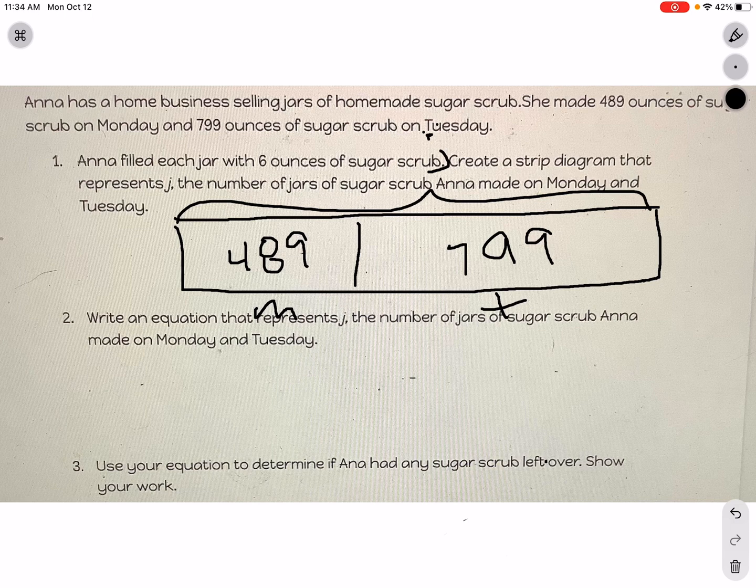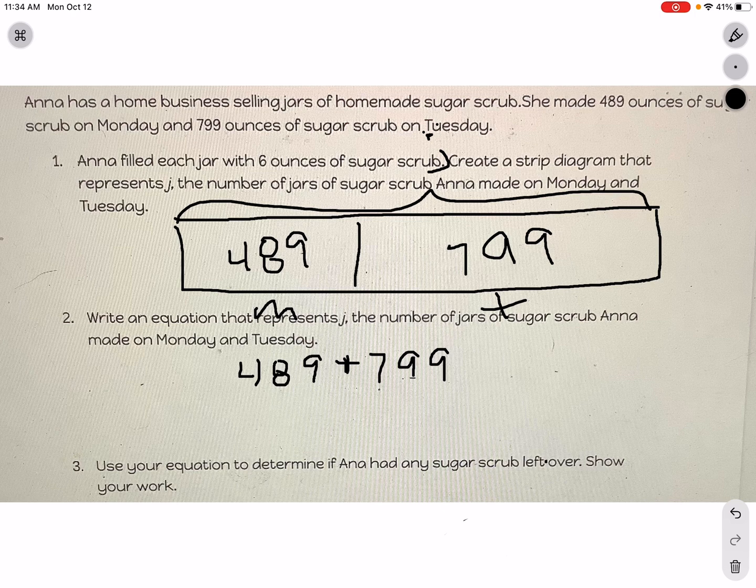Write an equation that represents J, the number of jars of sugar scrub Anna made on Monday and Tuesday. So they want us to write an equation. Okay, we know how to do this. The equation to represent how many jars she made, well, we know that she did 489 ounces on Monday plus 799 ounces.